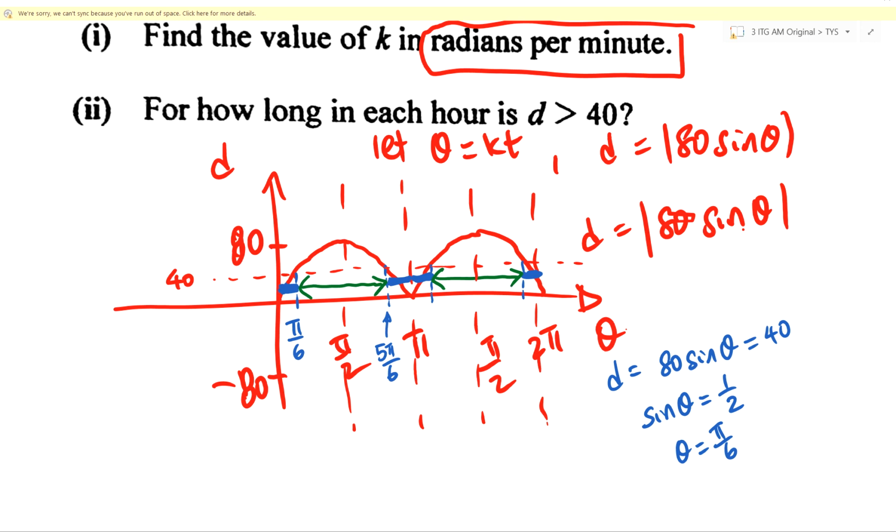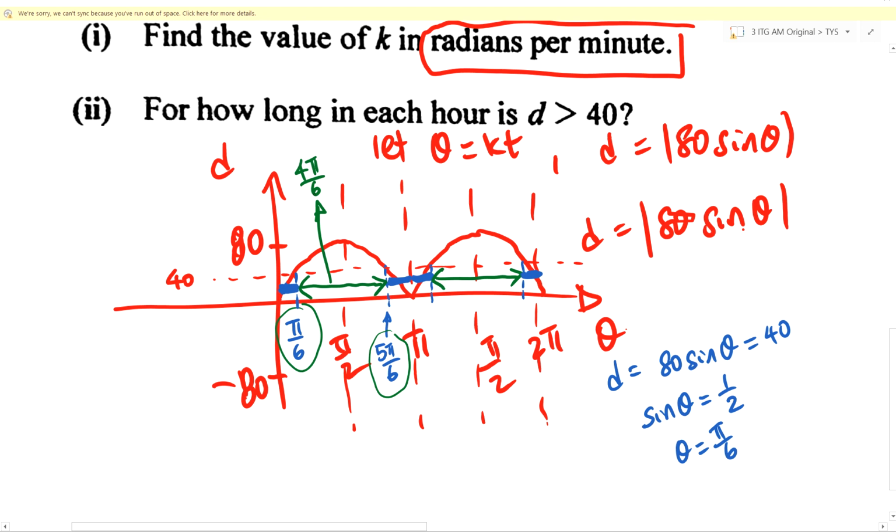Okay? So, what is the ratio of this green portion over the first half? Can we do that? I think we can. If this is 5 pi over 6, this is pi over 6, this green region has a total distance of 5 pi over 6 minus pi over 6 to give us 4 pi over 6. Okay, so far?